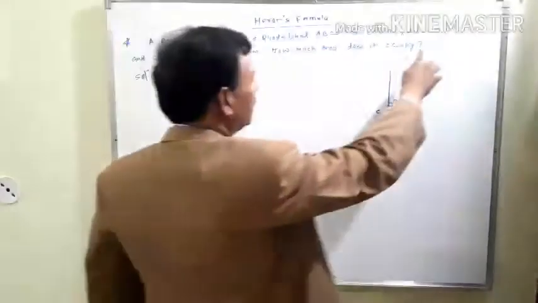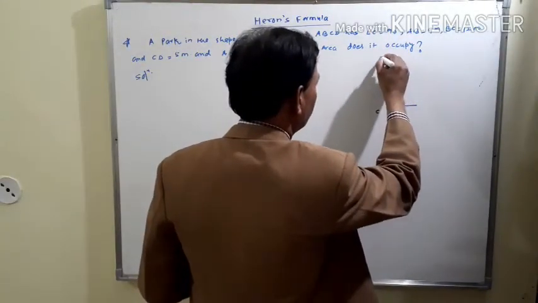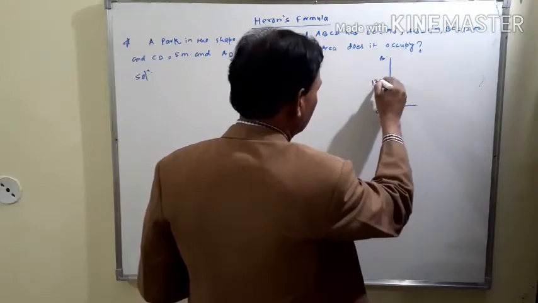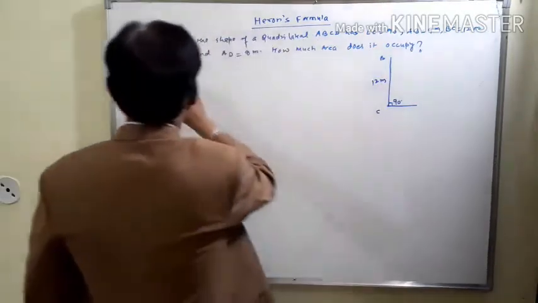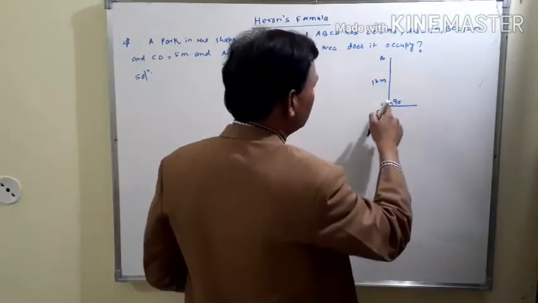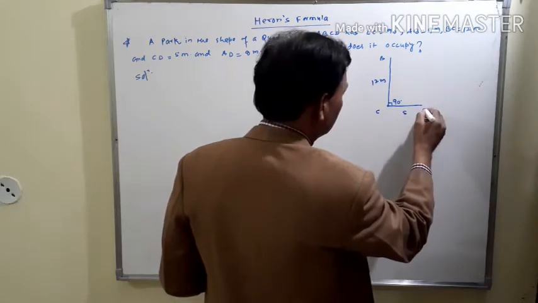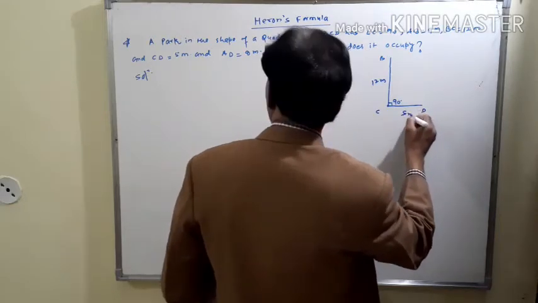Since BC equal to 12 meters, suppose this is B and C, this is the 12 meters. CD equal to 5 meters, so suppose this is the D, 5 meters.